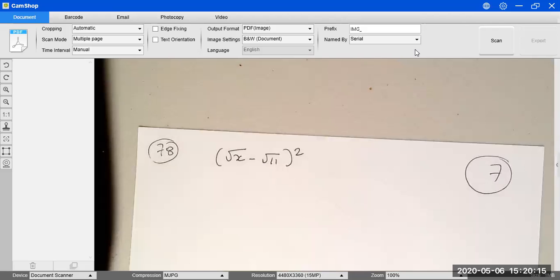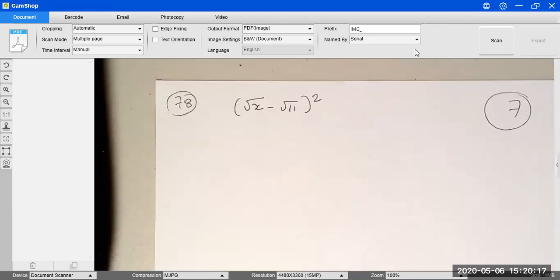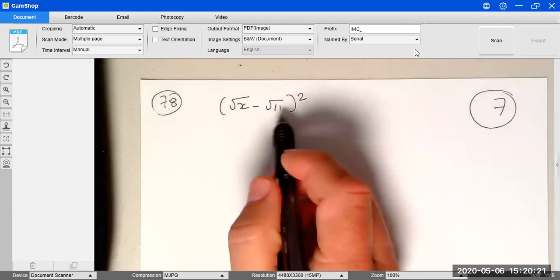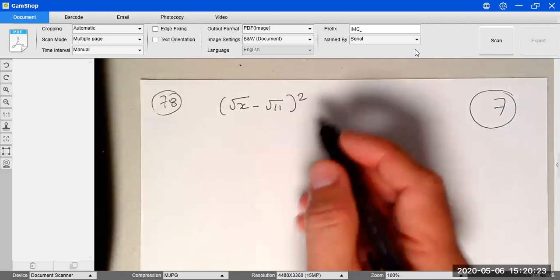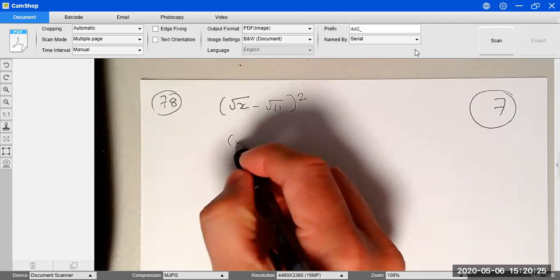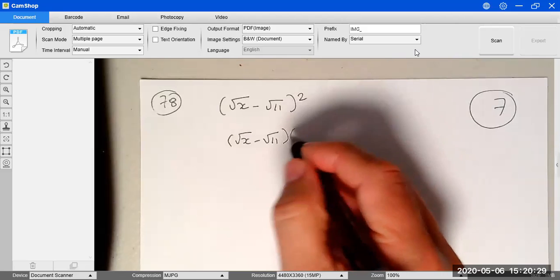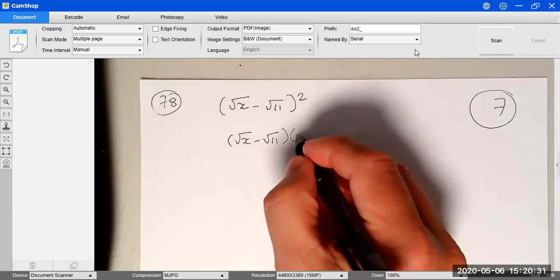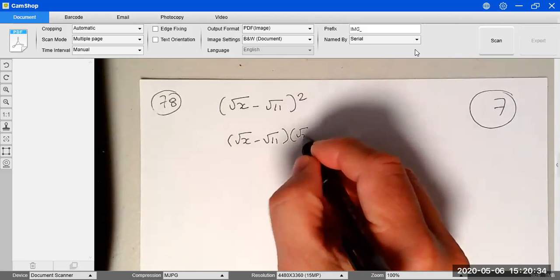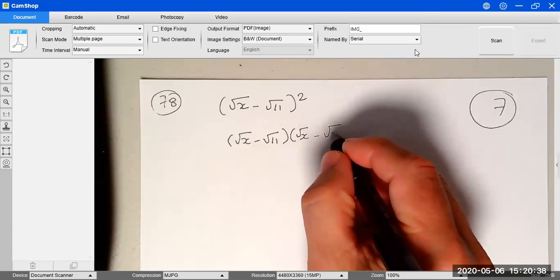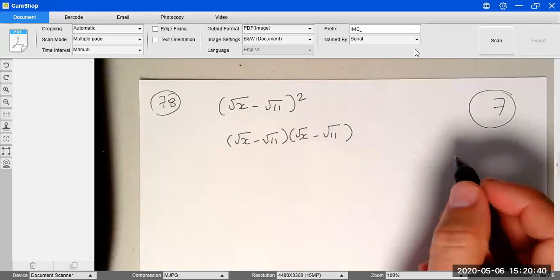So there are two ways to do this problem. You either expand this square, and by expanding the square I mean that you're going to write square root of x minus square root of 11 that multiplies itself. So it's going to be square root of x minus square root of 11.